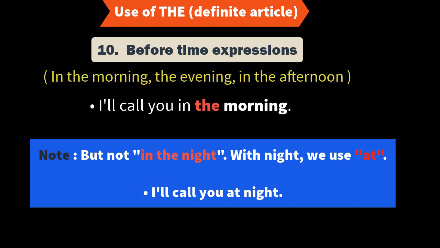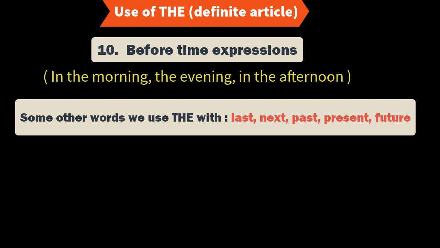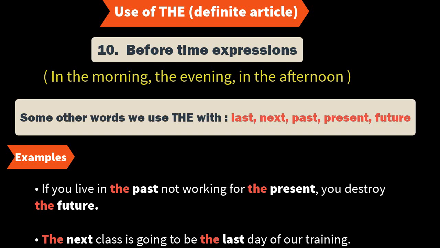In the morning, okay? But I can't say I'll call you in the night. I'll call you at night, okay? And these are some other words before which we use the: last, next, past, present, future. If you live in the past, not working for the present, you are destroying the future. The past, the present, the future.